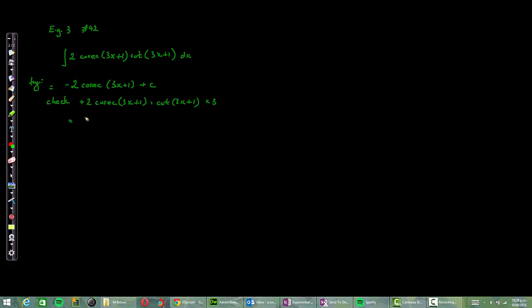So we're going to end up with a 6 in front and we want a 2. So we're out by a factor of 3. So we need to compensate for that by dividing by 3 or multiplying by 1/3.